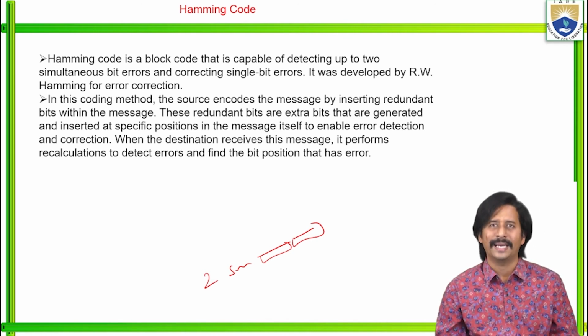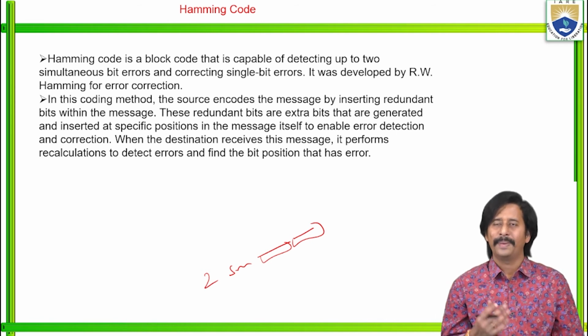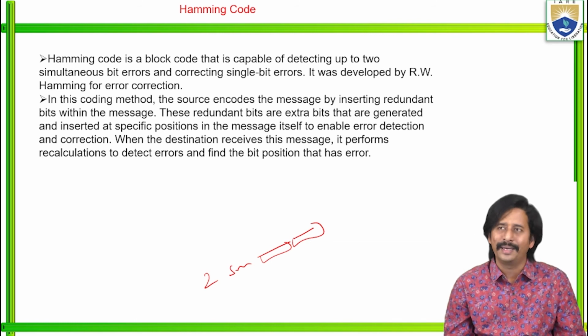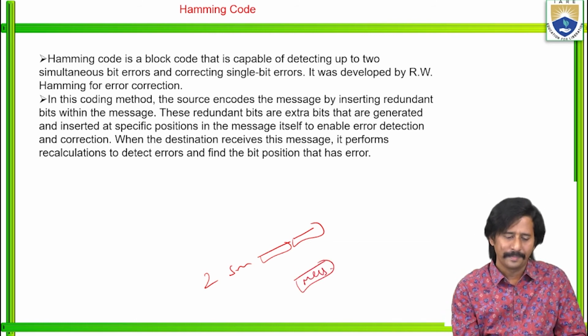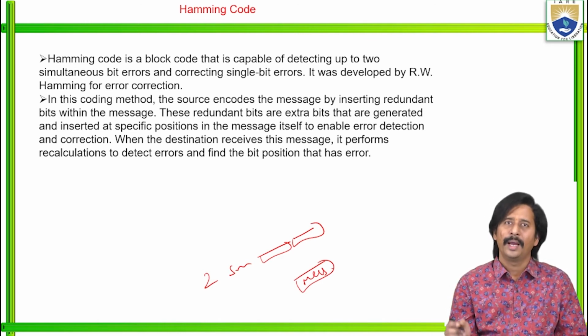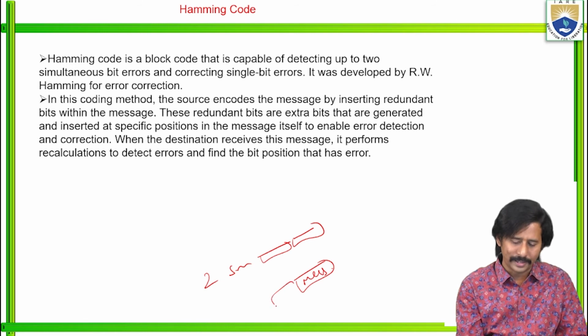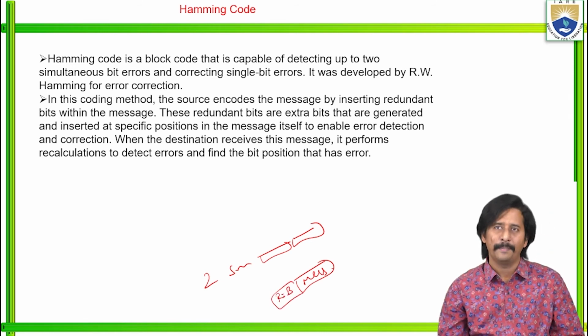In this mechanism, the source node encodes the message by inserting redundant bits within that particular message.